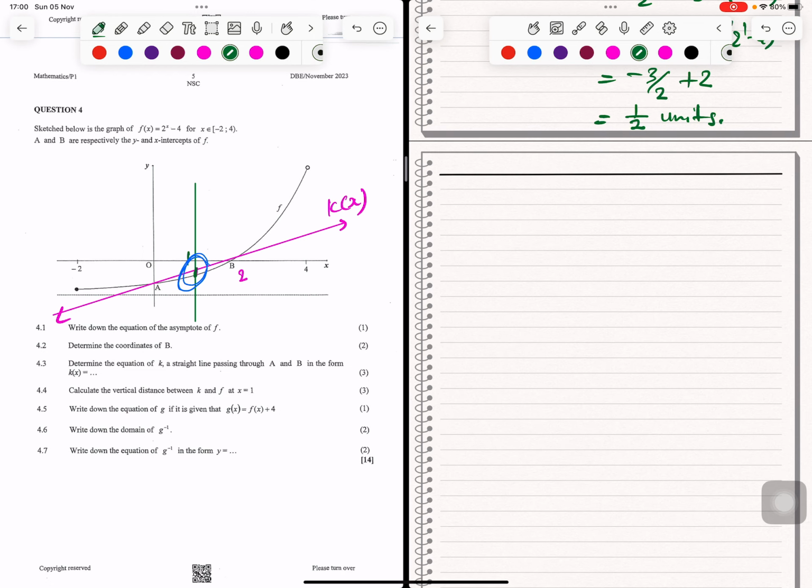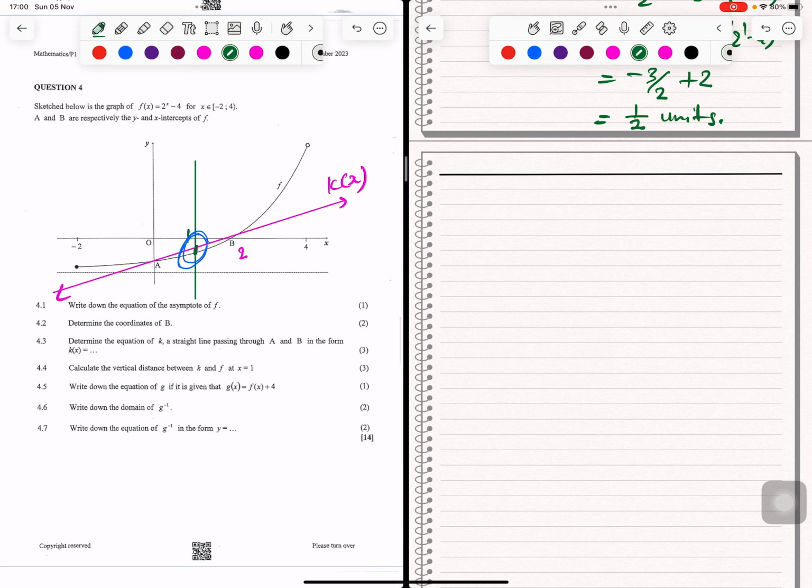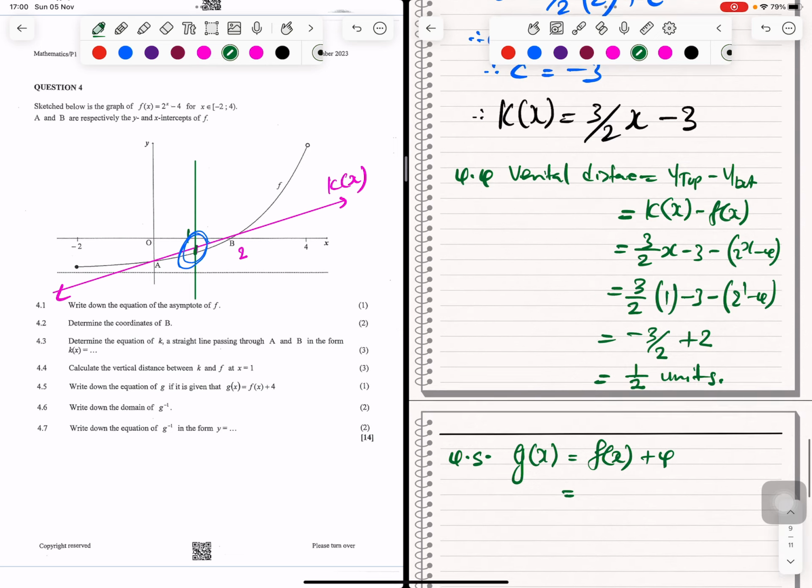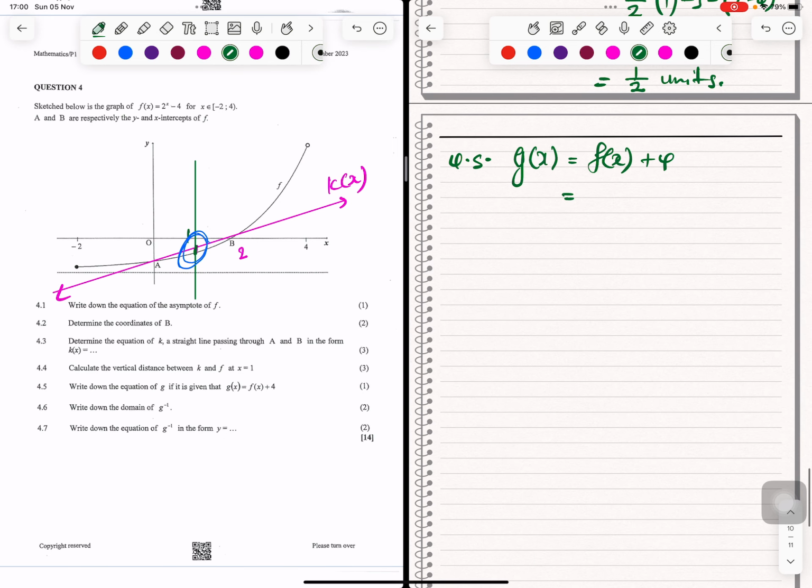Now you look at the next question. So that is 4.5. Write down the equation of g if it is given that g is f plus 4. So now g of x is given by f of x plus 4. What is f? Now f, you are given that it is 2 to the power x minus 4.